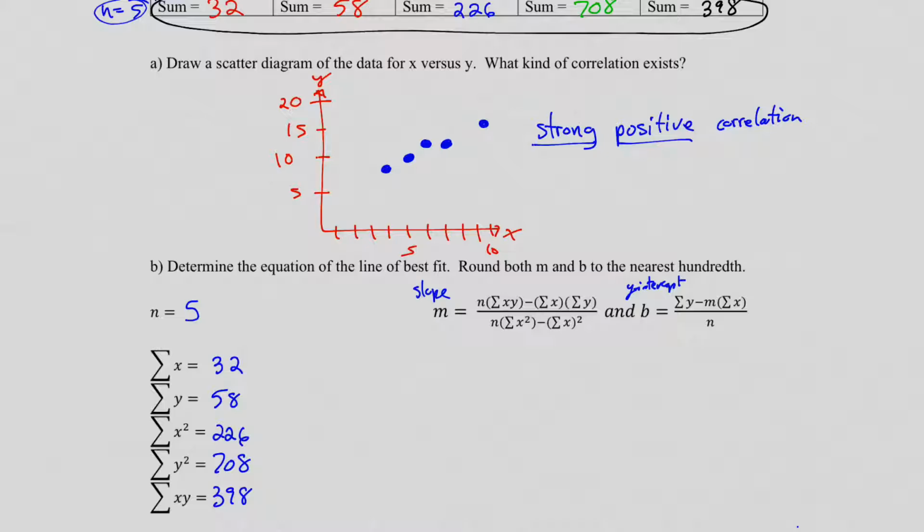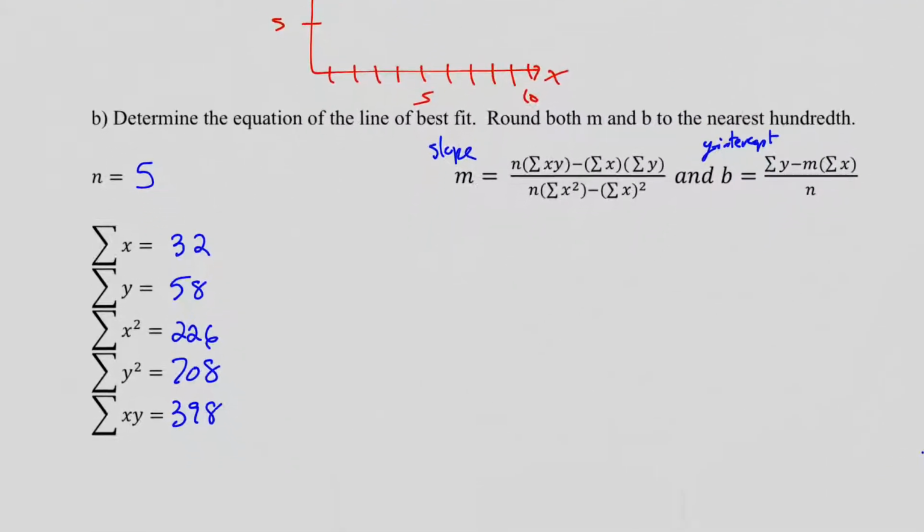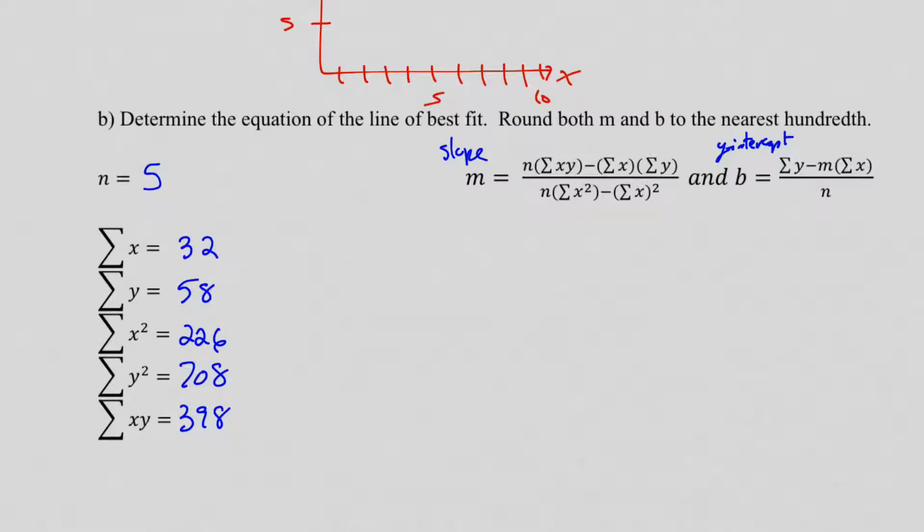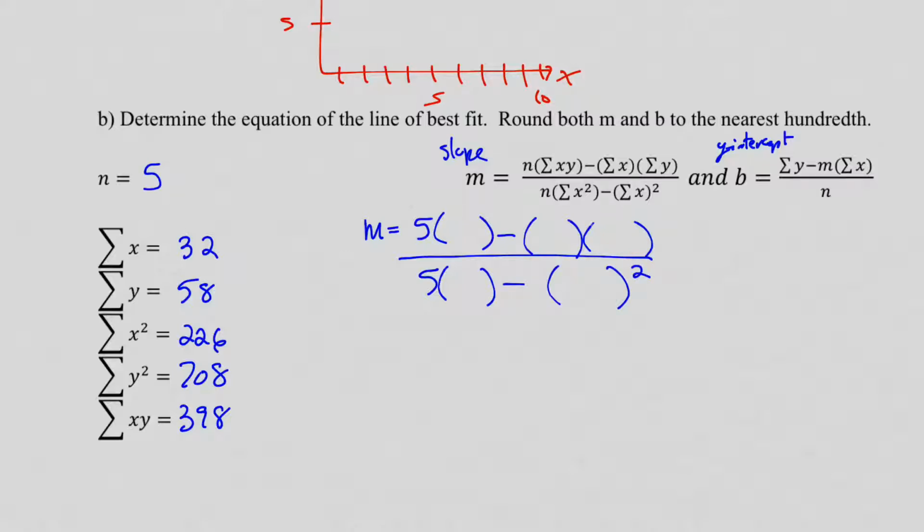Alright, so first we're going to calculate the slope. So the slope says n, which is 5, times a summation that we've just found, minus those two there. We're going to fill in all those blanks. So basically it looks like that.